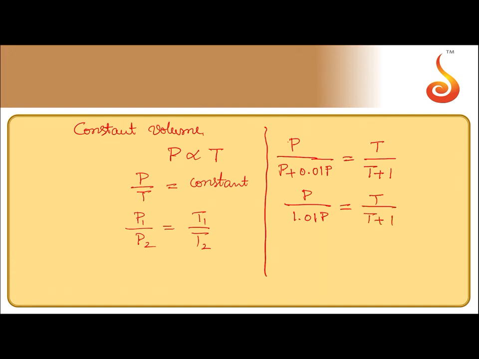So, P get cancelled, cross multiply, T plus 1 is equal to 1.01 T. So, send this to this side, 1 is equal to 0.01 T. So, T is equal to 100. Degree Celsius. They only have when it is in degree Celsius. So, it should be option C.